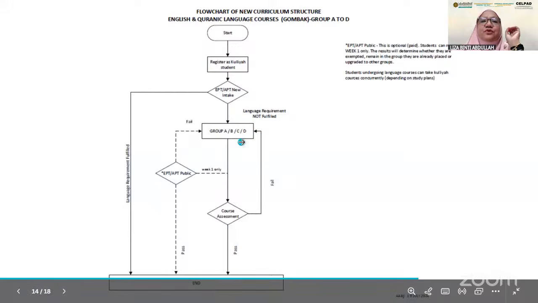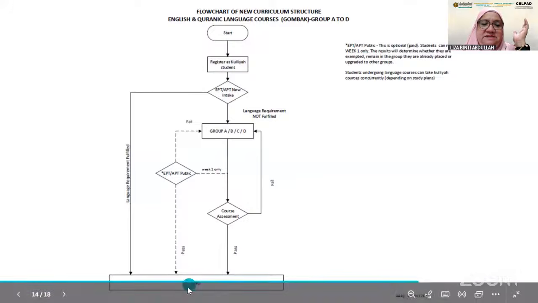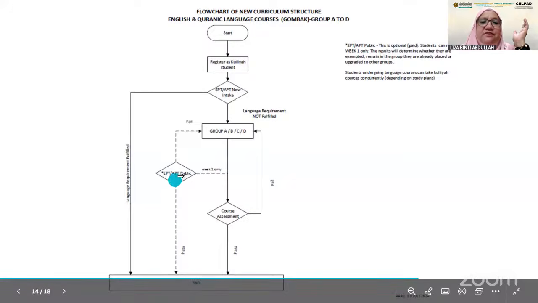Or you can take the public EPT or APT with IFLA, the other wing, that means you have to pay. But it only happens in week 1 here. You think, oh, you don't pass, you're not happy, so you can take the EPT or APT public. If you pass, finish. If you don't, you have to go back.